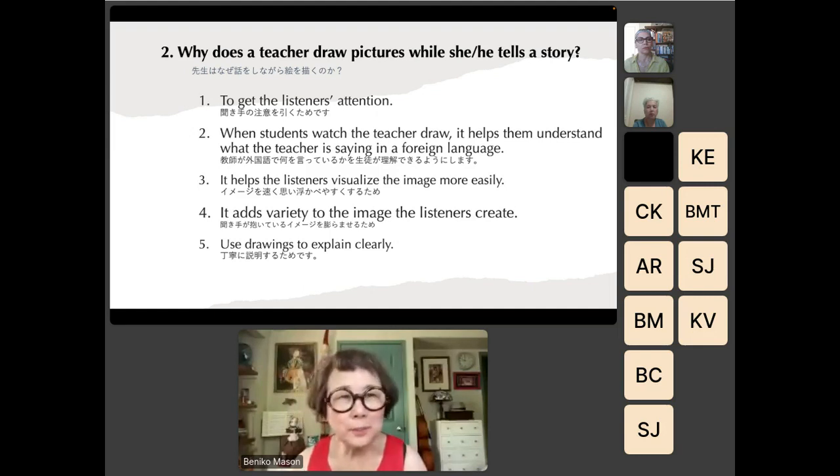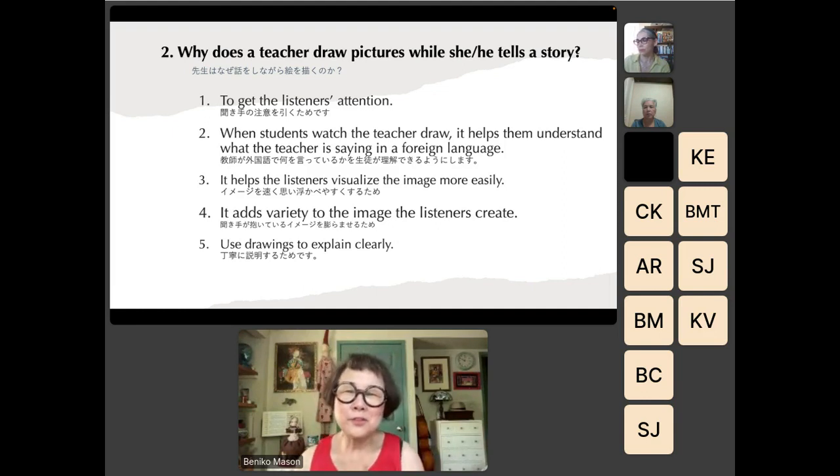When I change the picture to a pig, the baby pays attention. And so when something appears in front of your eyes on the board, on the paper, students or even the baby pay attention. So to get the listener's attention, we draw because we want the students to pay attention. Without their attention, nothing's going to happen. So we start drawing.